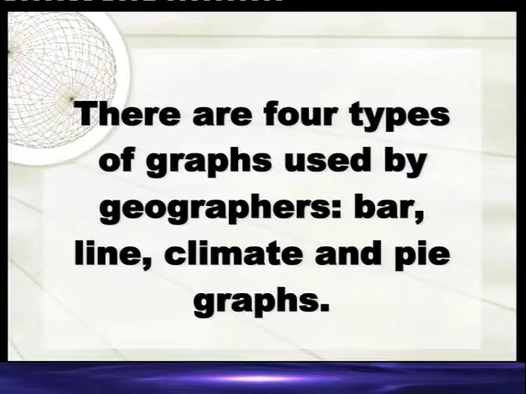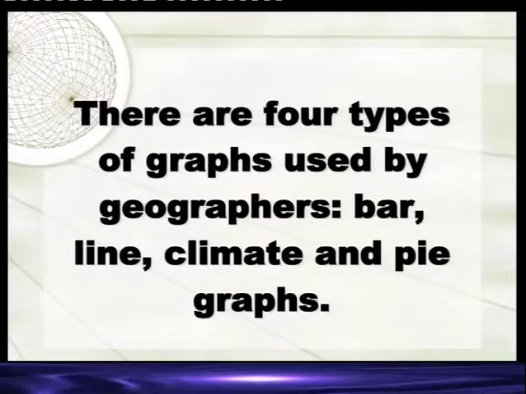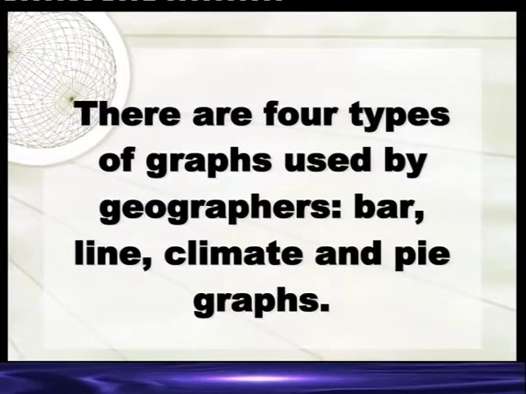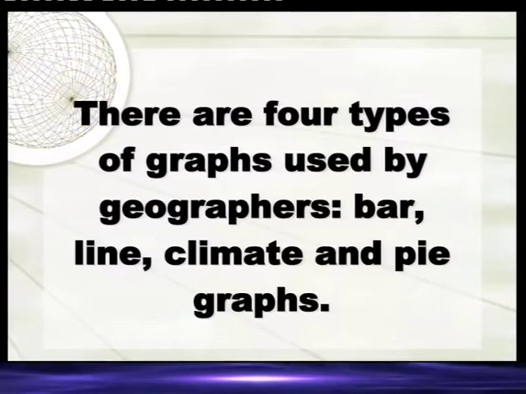Then we have the climate graph. We have the temperature readings with the rainfall measurements, 2 graphs in one. And then the line graph, where you just have the dots and then you join them. And the bar or column graph, which we look at today. Okay, so receiving students.